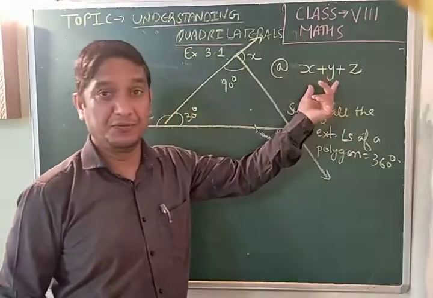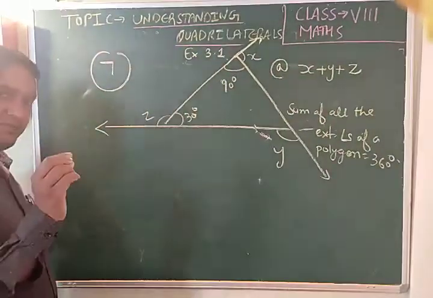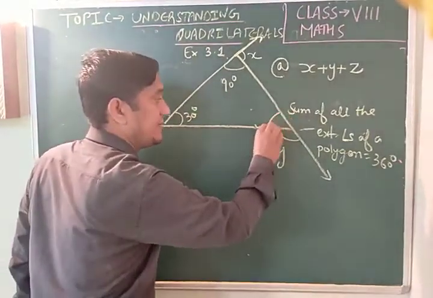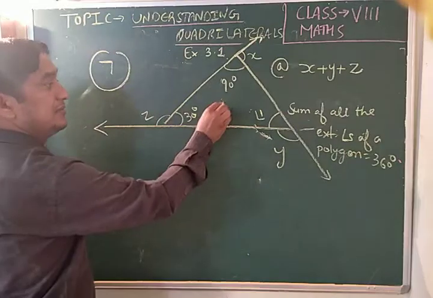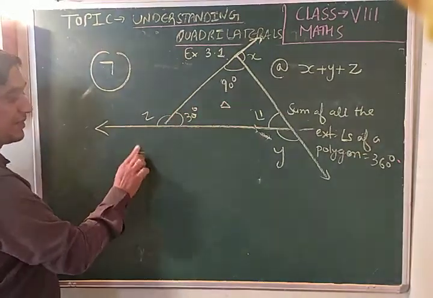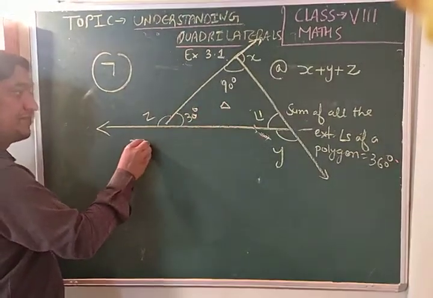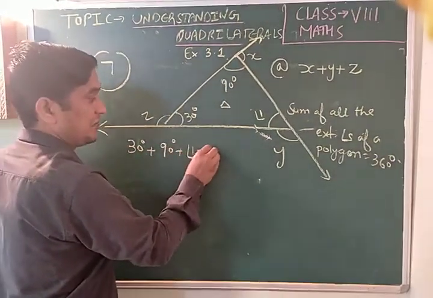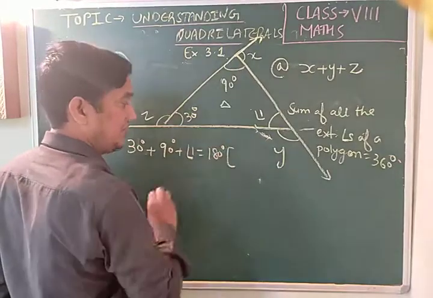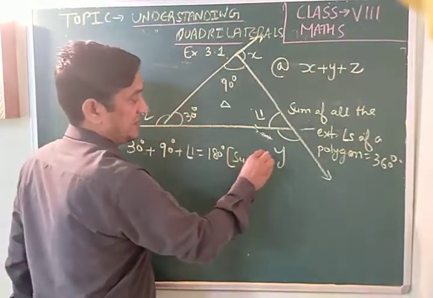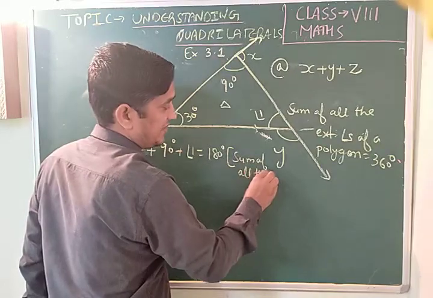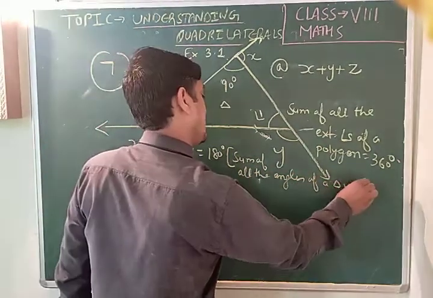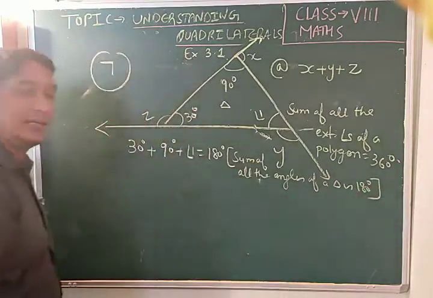But now here we have to prove it. So how can we prove it? Simply you can do it this way. Let this angle be 1, and this is a triangle. So angle 30 degree plus 90 degree plus 1 is equal to 180 degree, because we know that the sum of all the angles of a triangle is 180 degree.